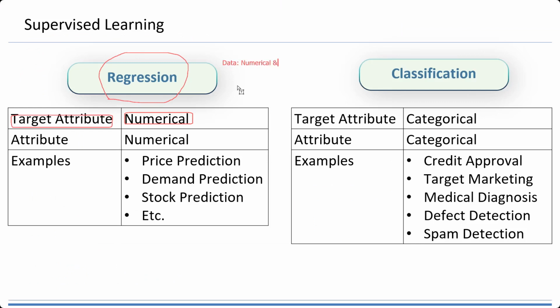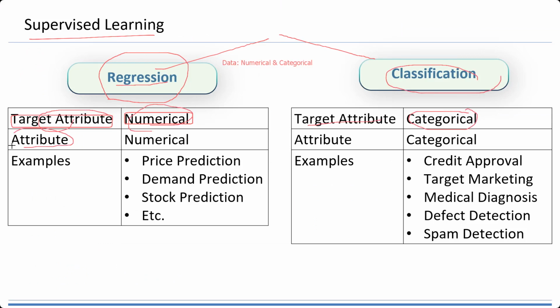Okay, good. Thank you. So we have two types of data, and we also classify supervised learning into two types of methods. If it is regression, then the target attribute is numerical. If the target attribute is categorical, then we call it classification.